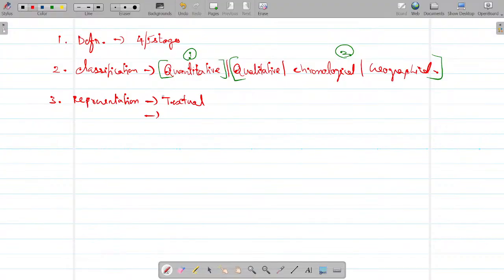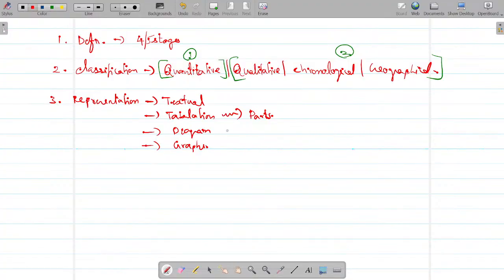Next is tabulation, then diagrams, and we may also have graphs. We discussed tabulation in detail: what a table is, and how many parts a table has, like table heading, table number, source, footnote, header, etc. It may be manifold or simple two-fold.